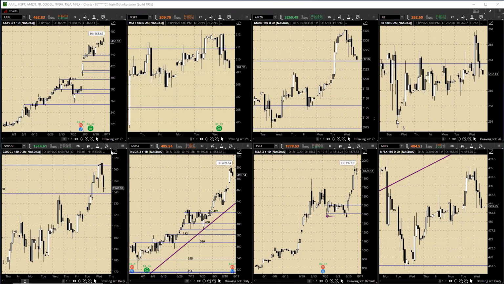We did see quite a bit of a pullback once we got past the FOMC. Just adjusting something here, one moment, and we'll take a quick look at that.